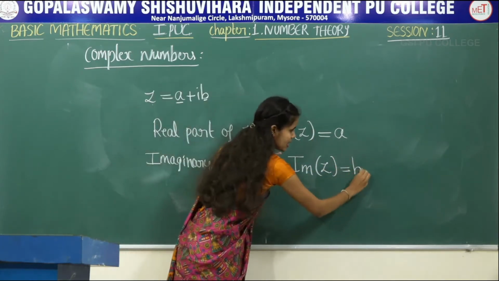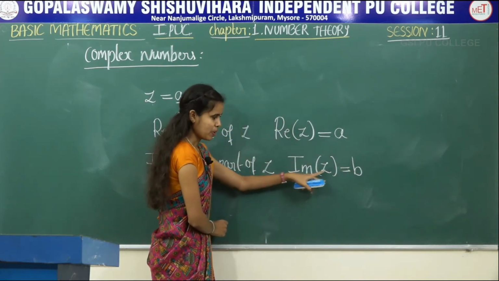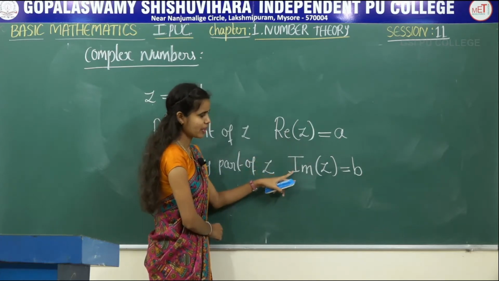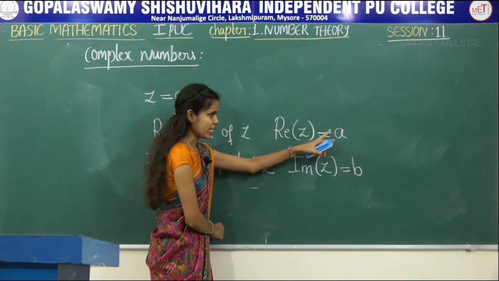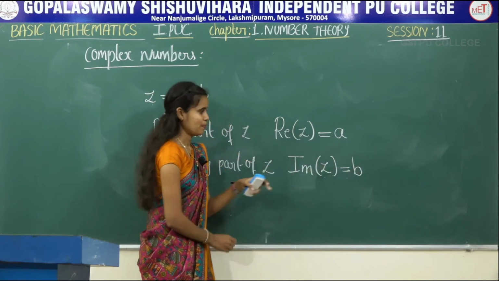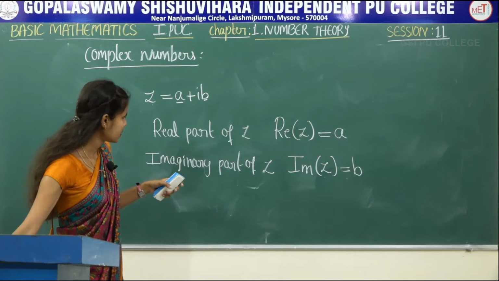The real part is denoted by Re(z) and the imaginary part is denoted by Im(z), so Re(z) = a and Im(z) = b. Okay, so consider an example.